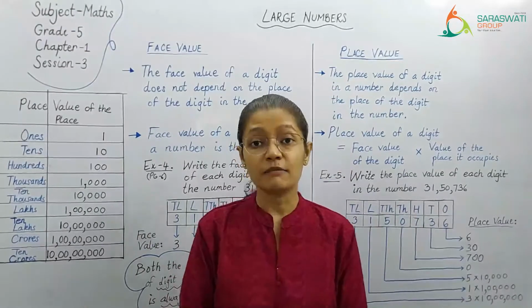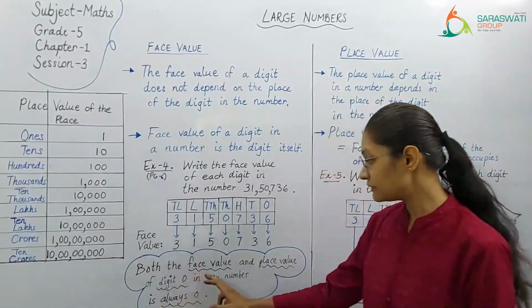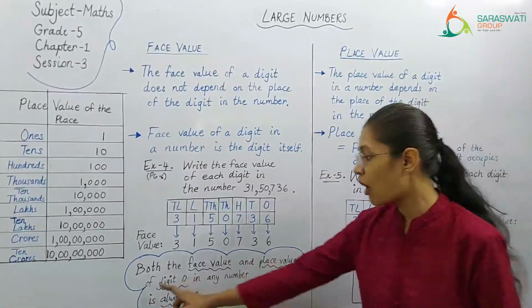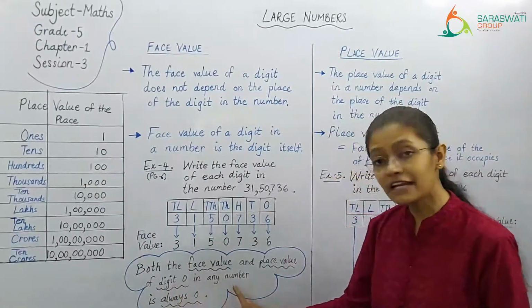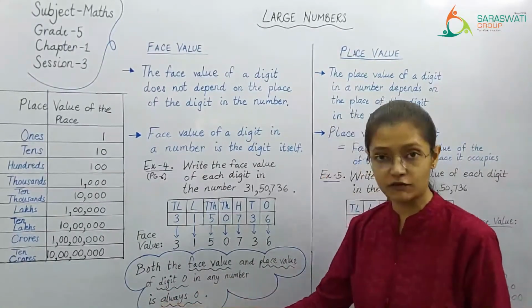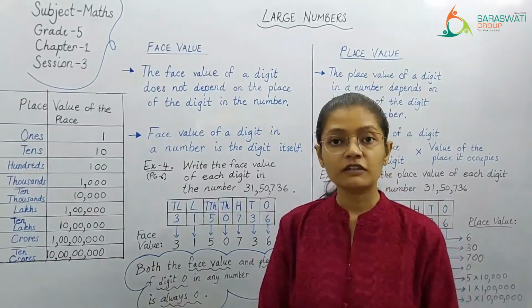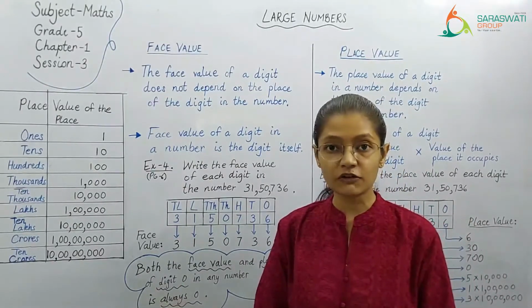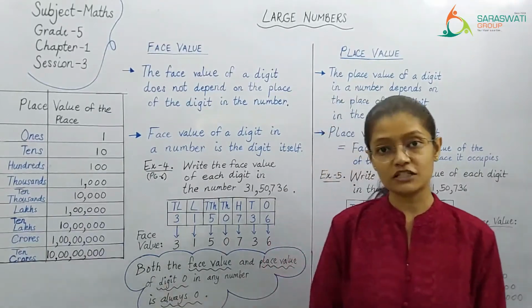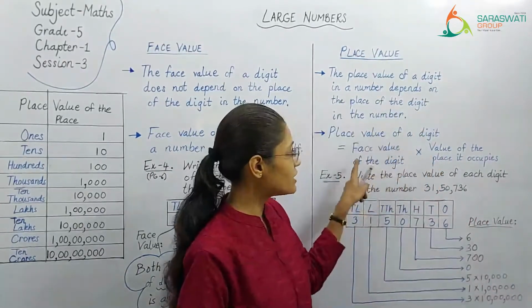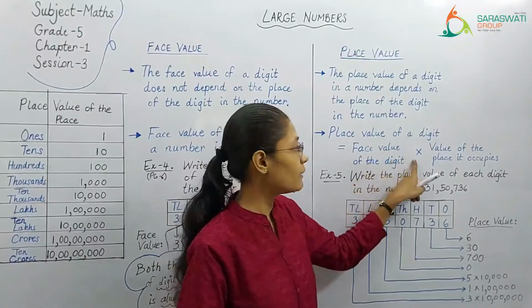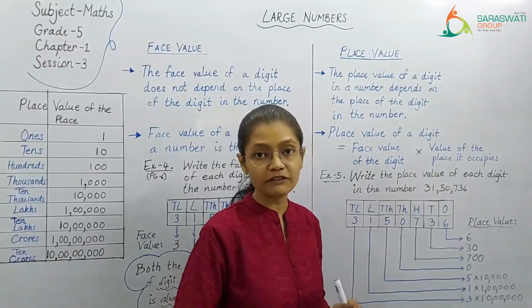Now students, remember that both the face value and place value of digit 0 in any number is always 0, because the face value of the digit is the digit itself. So the face value of digit 0 will always be 0, and the place value of the digit is equal to the face value of the digit, so that will be 0 multiplied by the value of the place it occupies in the number.